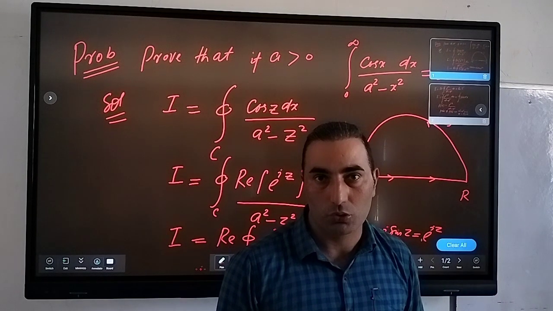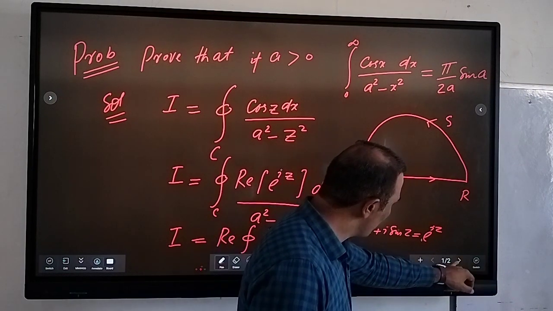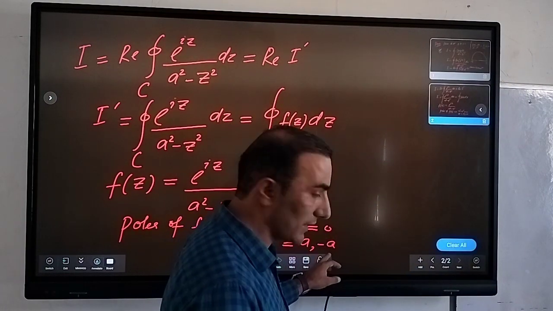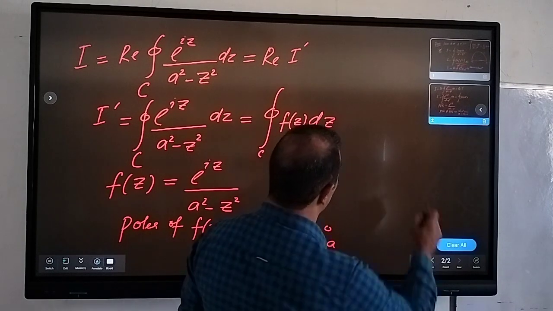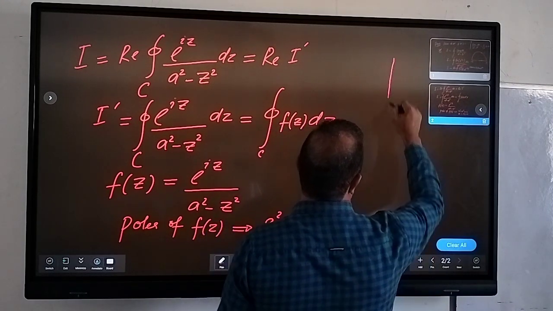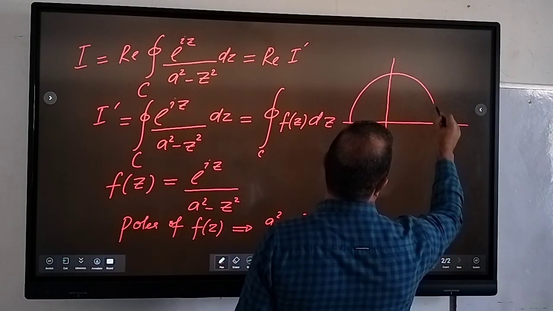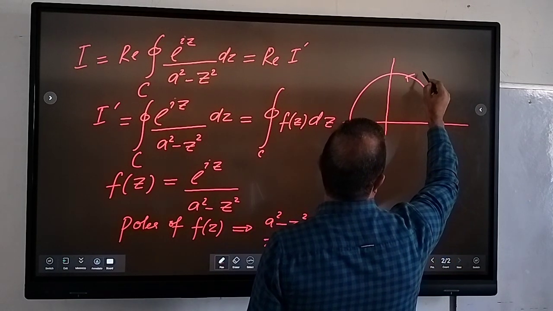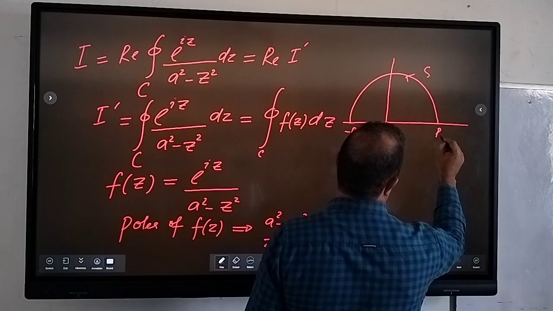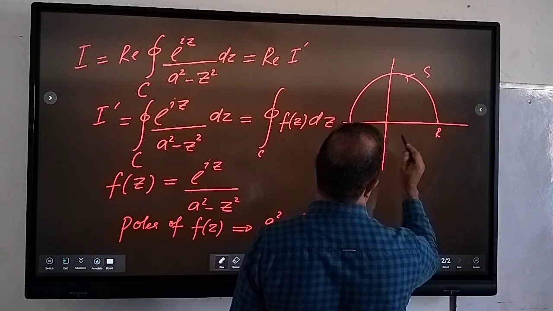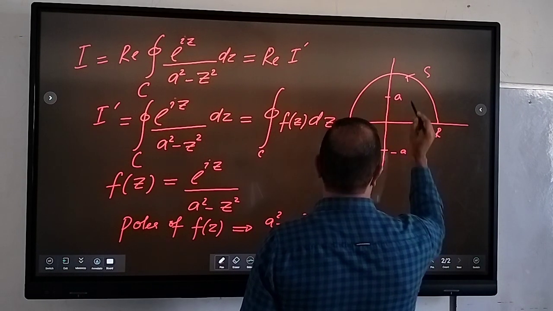So it is 1 unit, 2 units above this real axis, right? Because so that means we have two poles. So one lies above the real axis and one lies below the real axis, right? So that means we have this kind of this. Or you can put it like this. So this is our semicircle. It goes from minus R to plus R, and we have one pole at minus A here and another pole here.